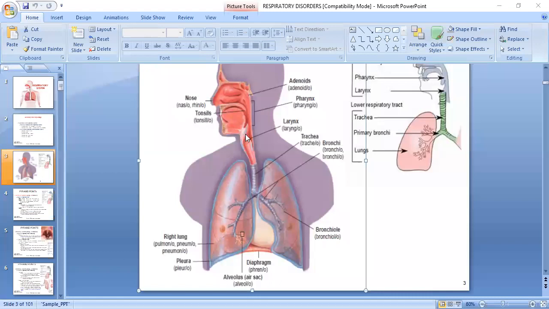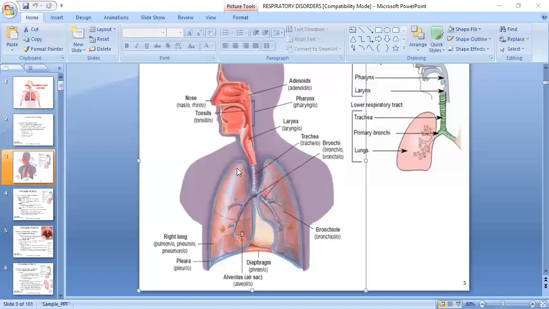Then the larynx continues to the trachea, and the trachea is divided into two. One is left, the other is right. On the left side, there are three lobes. And this trachea divides into the bronchi and bronchioles. And the ending portion here is called the pleura.